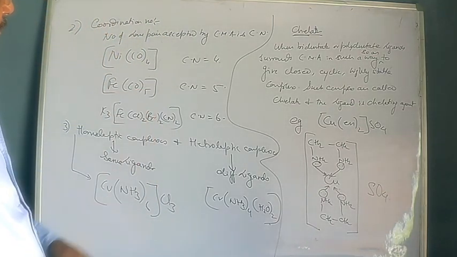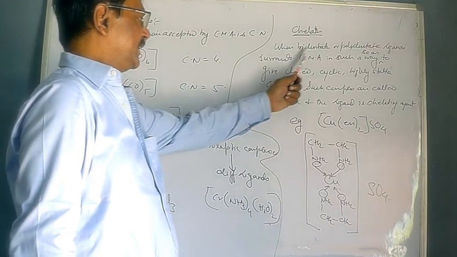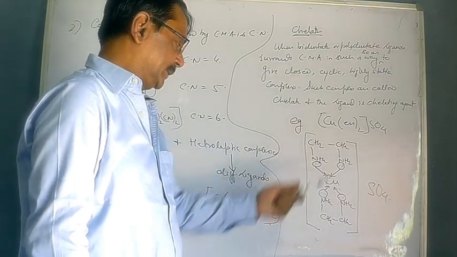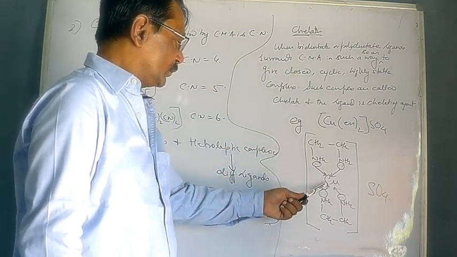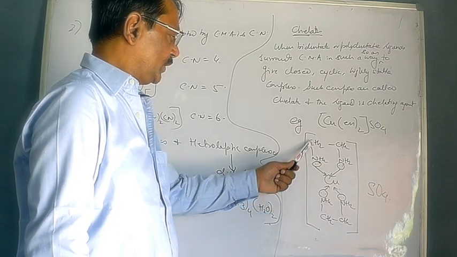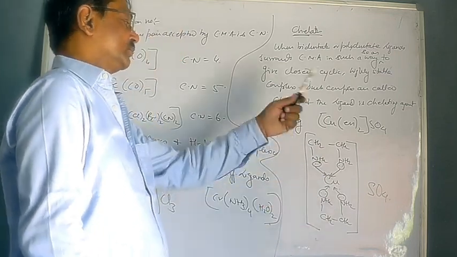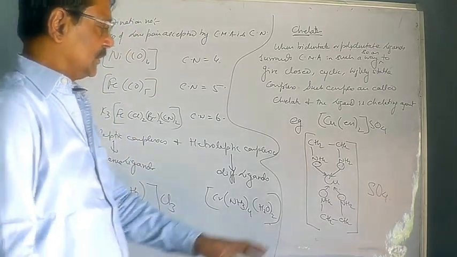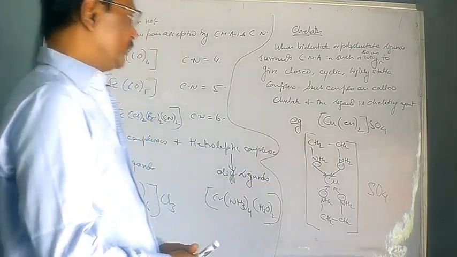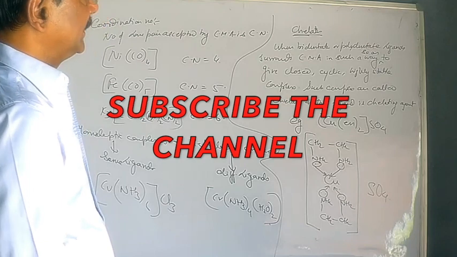So now I repeat the definition again. When bidentate or polydentate, we have taken example of bidentate, surrounds CMA in such a way so as to give closed, cyclic, stable structure, highly stable structure. Class, you are seeing that the structure is closed, cyclic, and highly stable.